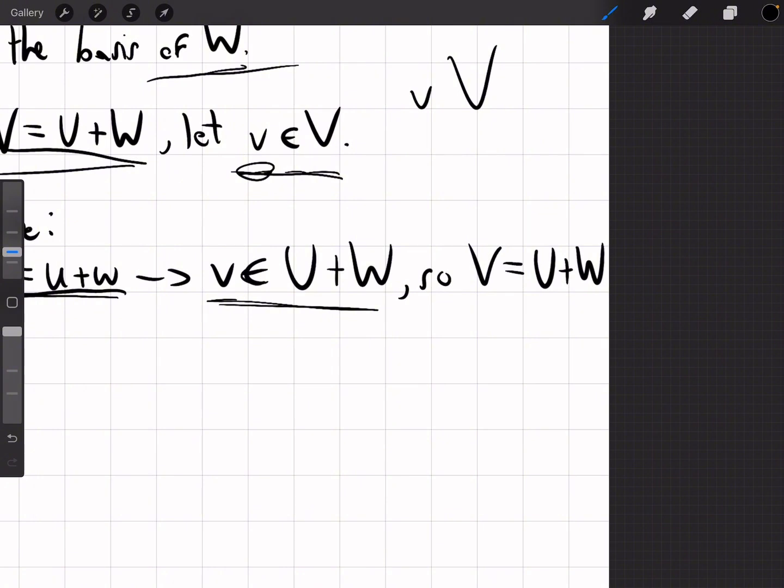As V is in capital V, because V in capital V can be written as a sum of vectors from capital U and capital W, that proves that capital V is equal to capital U plus capital W, okay? And I don't want to hear anyone arguing about it.